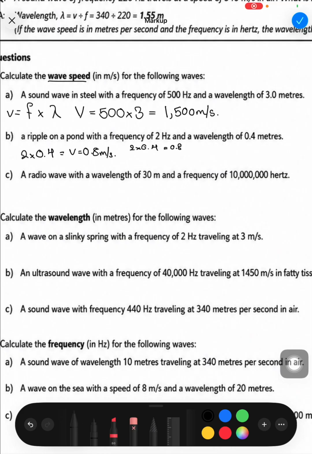Next. A radio wave with a wavelength of 30 meters and a frequency of 10 million Hz. So 30 multiplied by 10 million. So this one is easy. You just multiply 30 with 10 million, which gives us the answer of 3 billion.